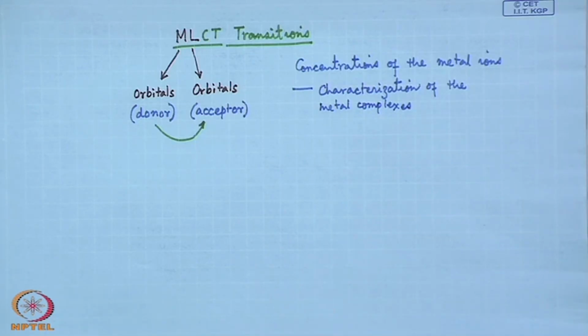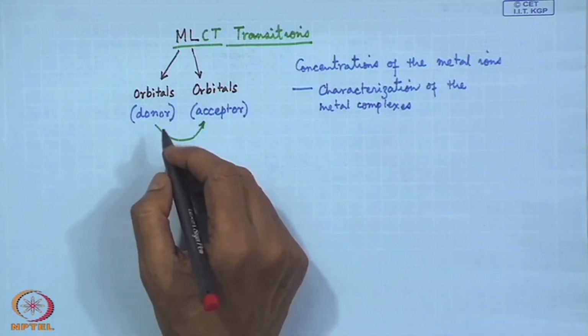So we should have these things in our mind, and we will find that the metal is behaving as a donor orbital.